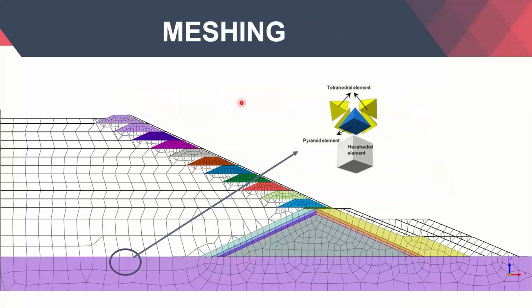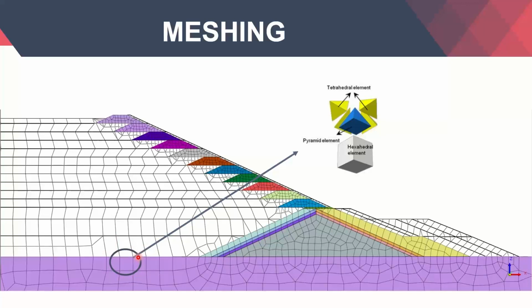So coming to meshing, this is how our mesh will look like. The left part of the mesh you are seeing, they are the tailings deposited. I have deliberately kept them as transparent so that I can focus more on the cores and the starter dikes. So here you can see we have a quad shift element.